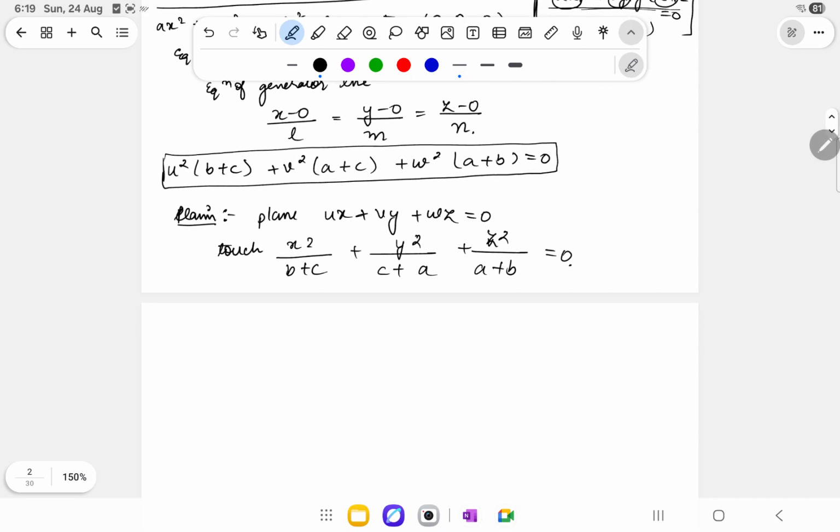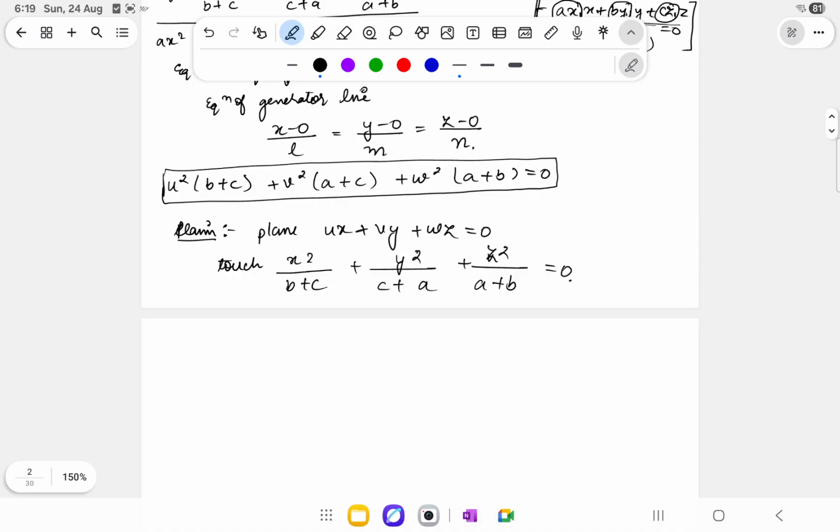There are two methods to go ahead with this. One is, if this plane touches this cone, then this will be tangent to the cone.